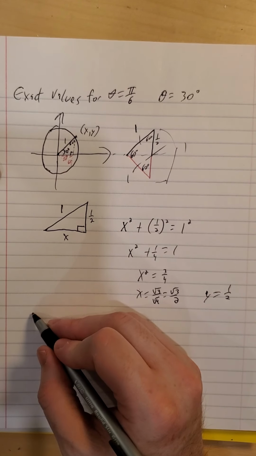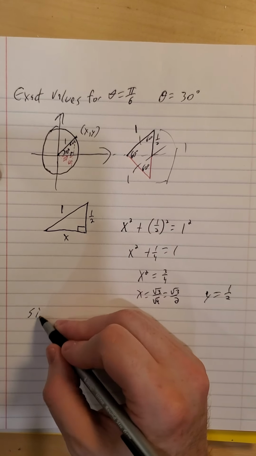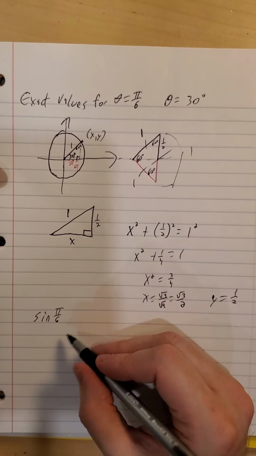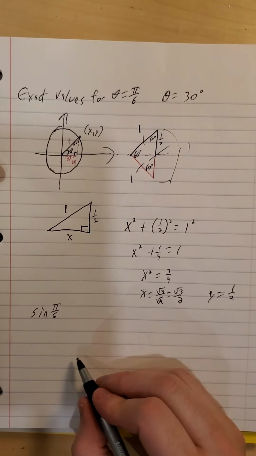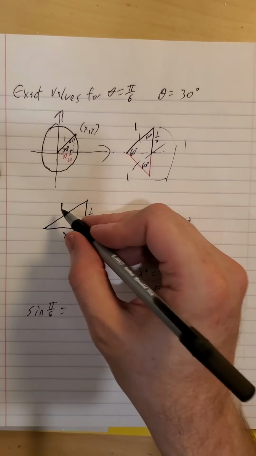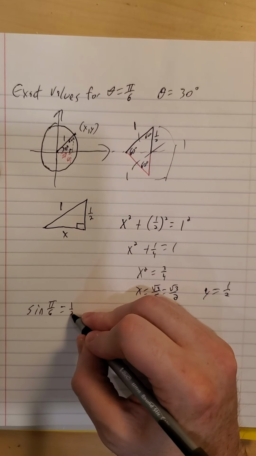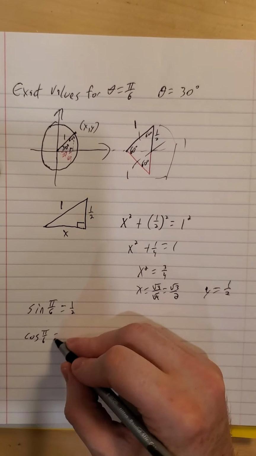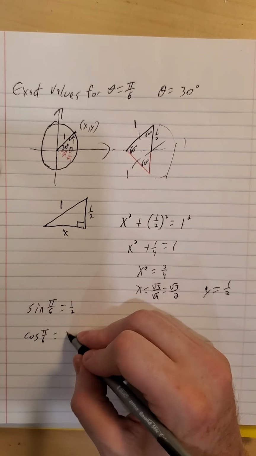And that gives us all the ammo we need to fill in our 6 basic functions. So the sine of pi over 6, again, 30 degrees. Sine is the y over 1, half over 1 is half. Cosine of pi over 6, x over 1 is just x.